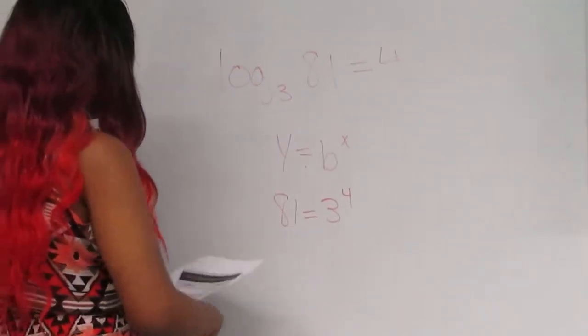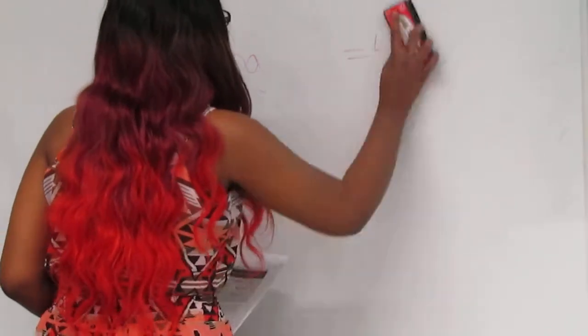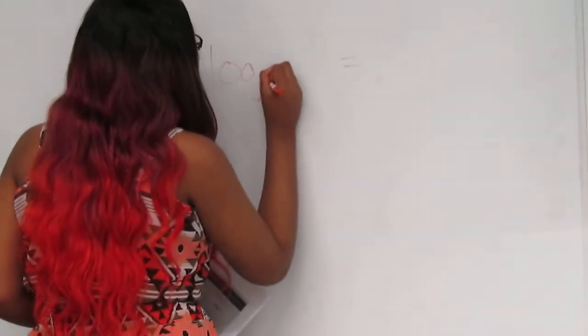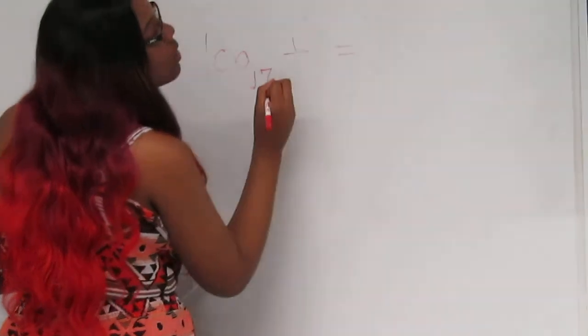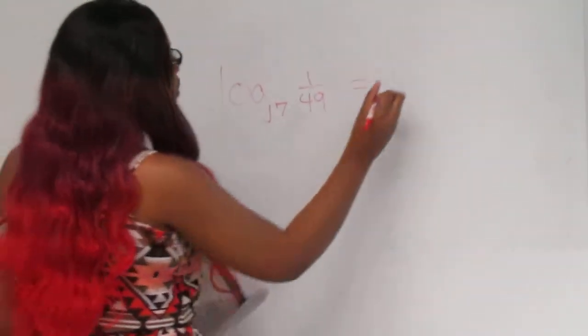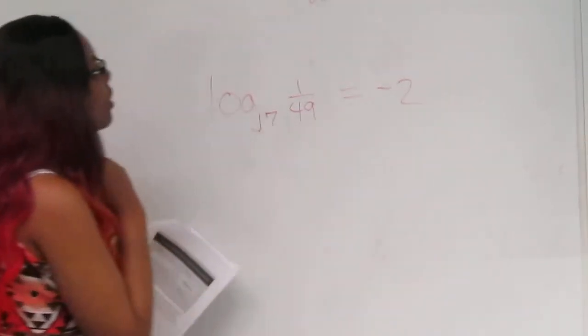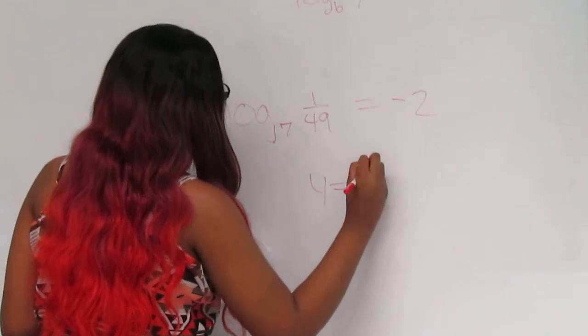B, you use the same concept. Log base 7 of 1 over 49 equals -2. Basically, plug and chug as before.